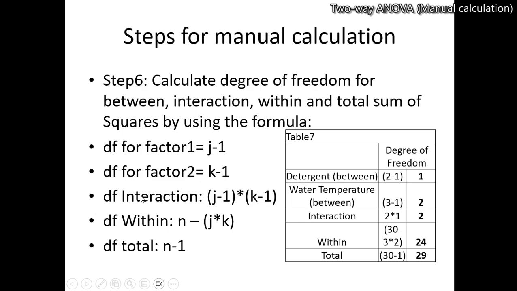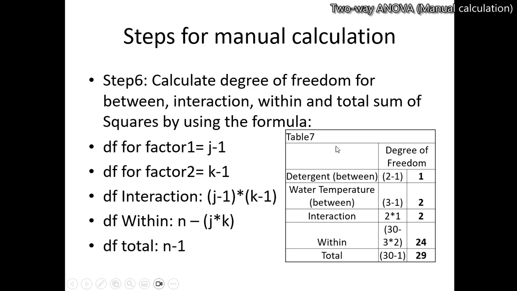Degree of freedom for factor 2 is equal to the total number of categories minus 1. The degree of freedom for interaction is obtained by multiplying both terms, that is the degree of freedom for factor 1 and the degree of freedom for factor 2. The degree of freedom within is equal to n minus jk, where j is the total number of categories of factor 1 and k is the total number of categories for factor 2. Total degree of freedom is calculated as total sample size minus 1.